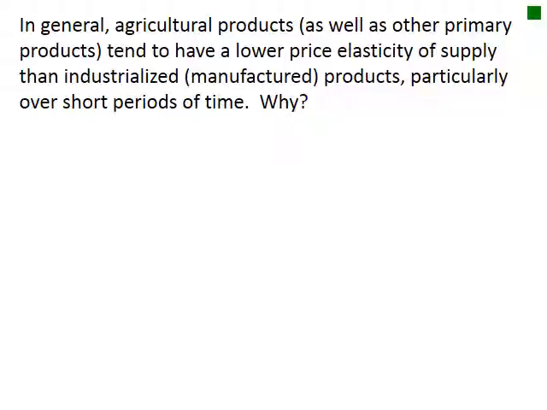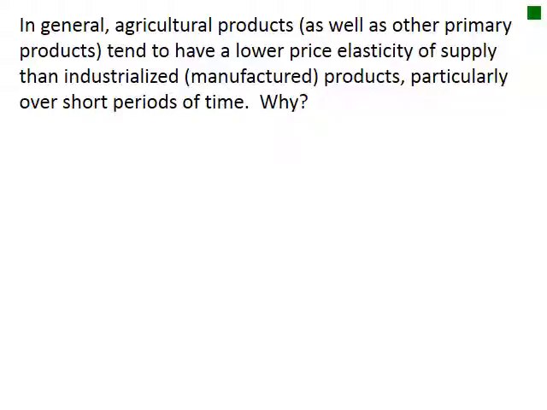In general, agricultural products, as well as other primary products, tend to have a lower price elasticity of supply than industrialized or manufactured products, particularly over short periods of time. The reason being, with manufactured products, it can be relatively easy to add on, for instance, another shift of labor.